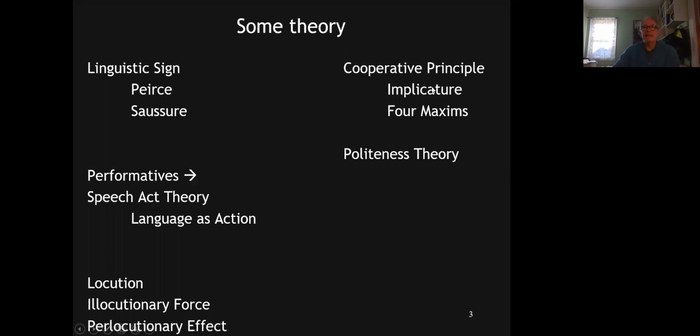So the implicature aspect of this: implicature is just that people mean much more than what is, let's say, literally or semantically uttered. And we are able to interpret the more that people are intending because we know about Grice's maxims.